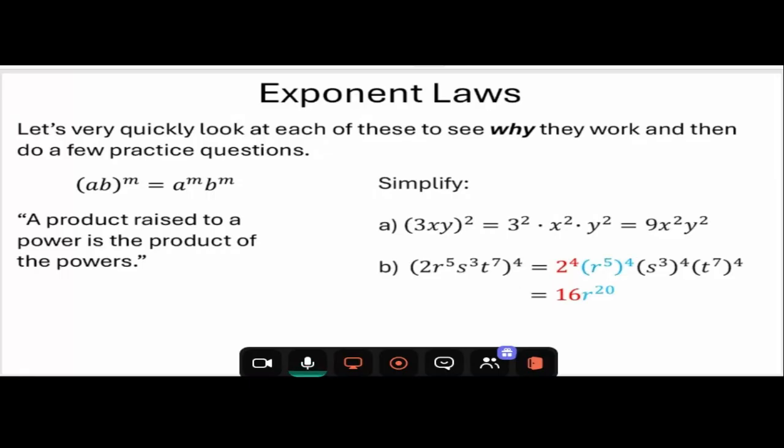R to the 20. S cubed to the power of 4. Again, we're raising a power to a power, so we multiply the exponents. 3 times 4 is 12. And t to the 7 to the 4, raising a power to a power, so we multiply the exponents. And there is our final answer for that question.